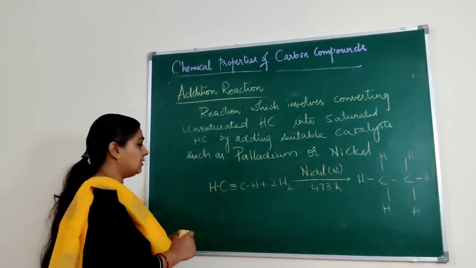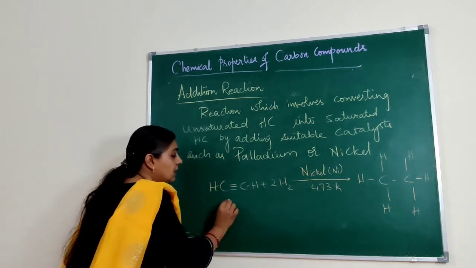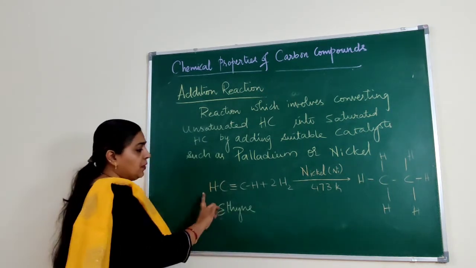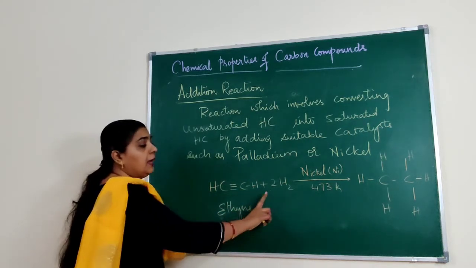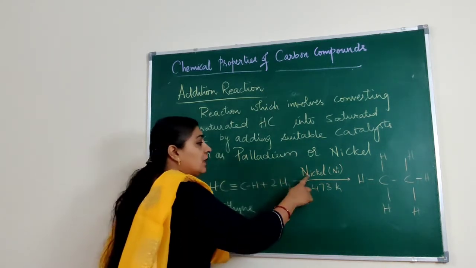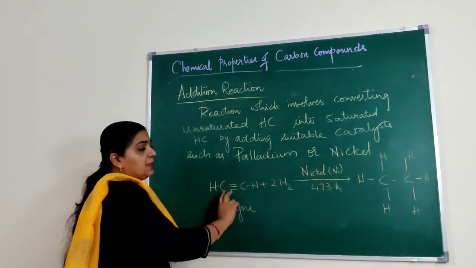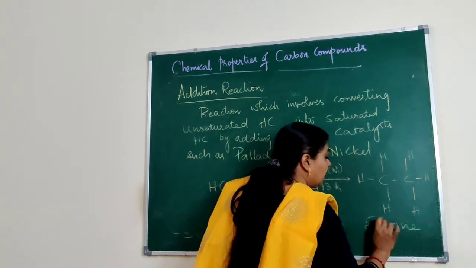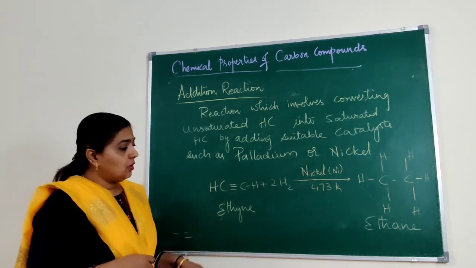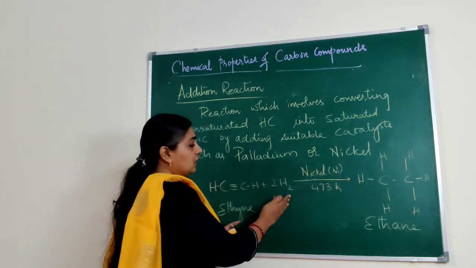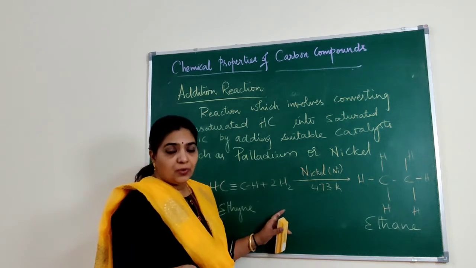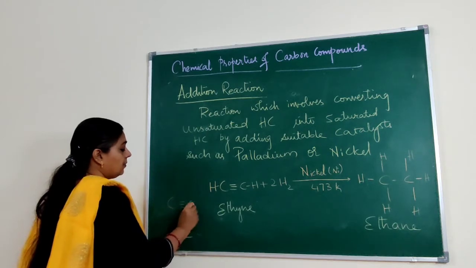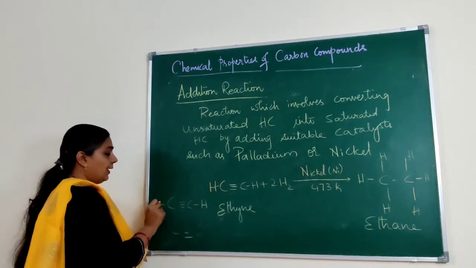For example, let us take this one. What is this? This is ethyne, because carbon-carbon triple bond. So you take ethyne and pass hydrogen gas in the presence of nickel, and here you can see that ethyne has changed to ethane, because when you pass hydrogen gas, it is contributing the hydrogen. See here, how many hydrogen? Carbon, triple bond, carbon, and 2H, right?